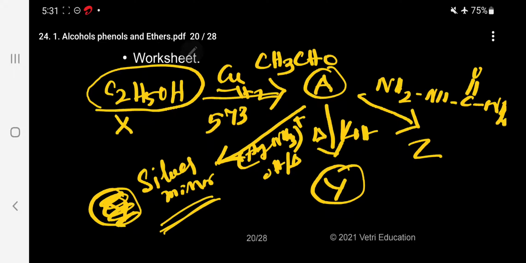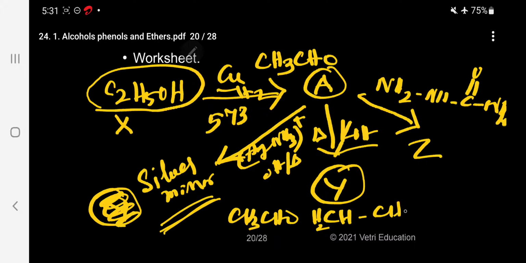Then coming to A undergoing condensation with KOH: two molecules of acetaldehyde undergo condensation with removal of water, producing a compound that is butenol.